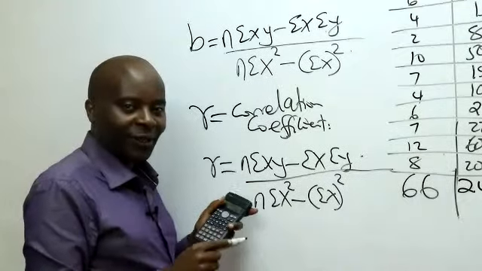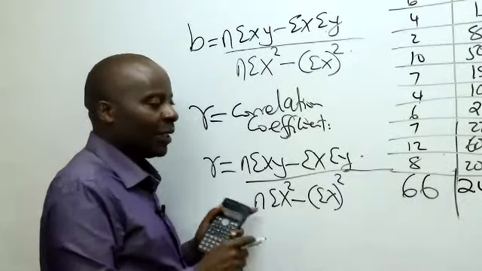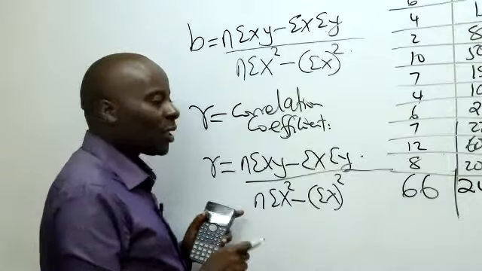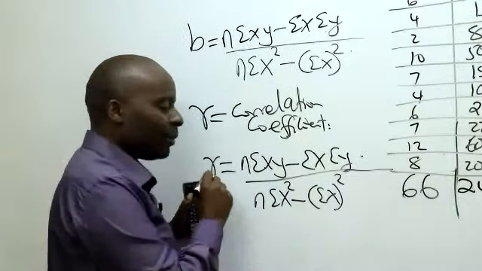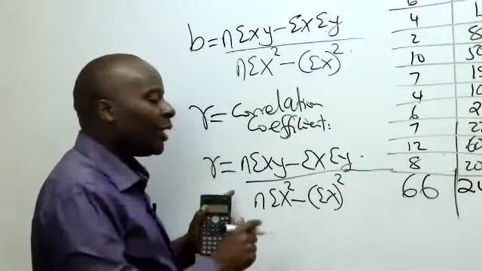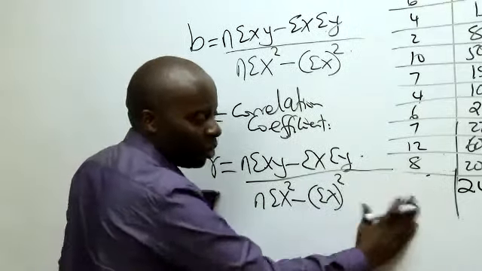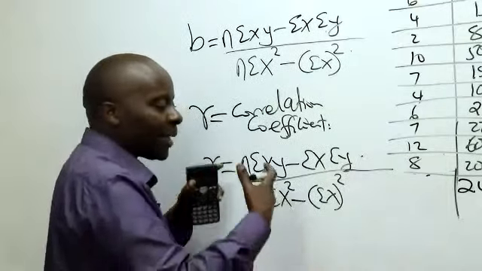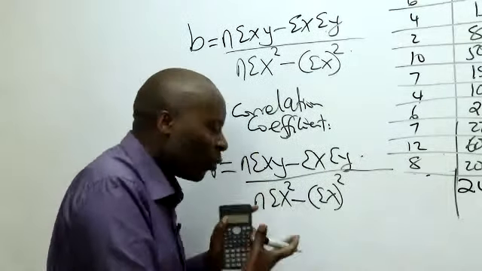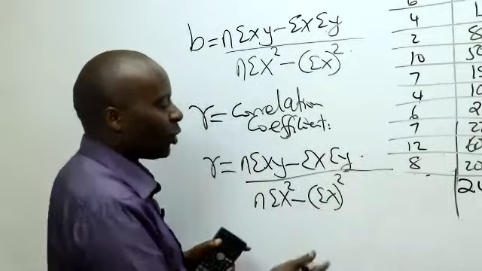Now listen to me. This is where we bring the modification. This is correlation between x and y, so in the denominator, you must introduce the y variable, which will follow this format.